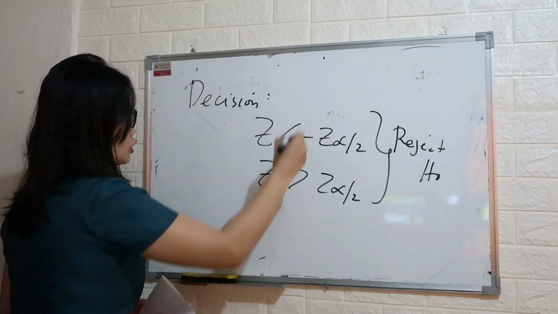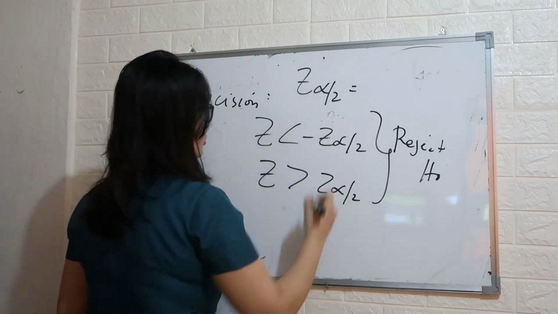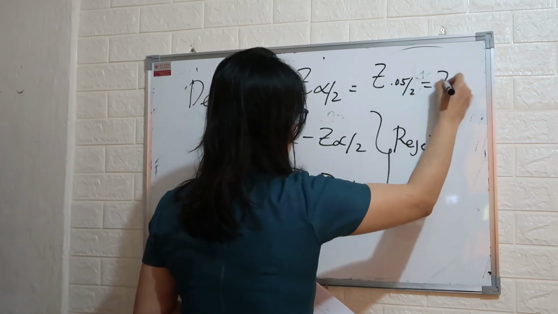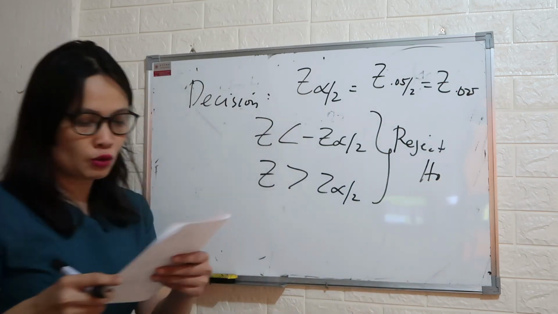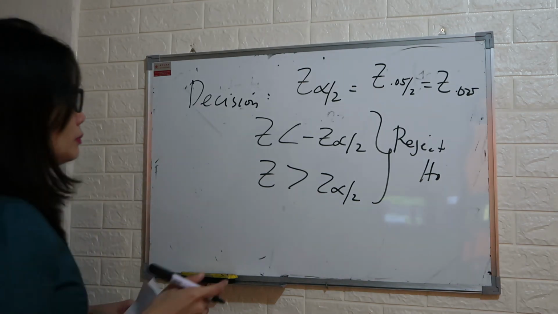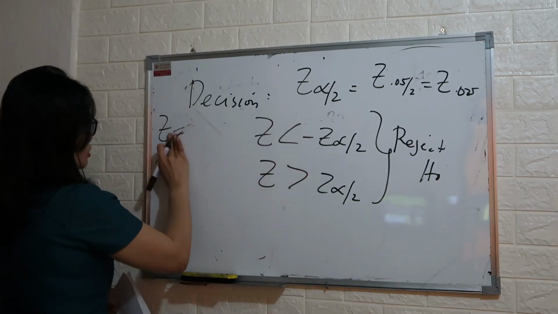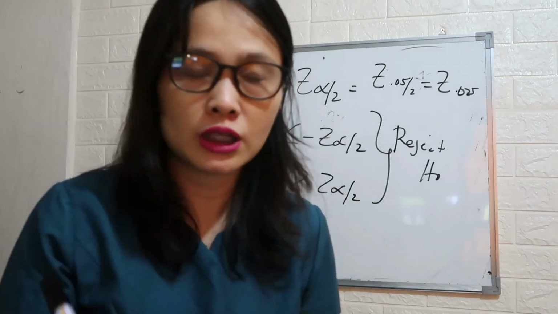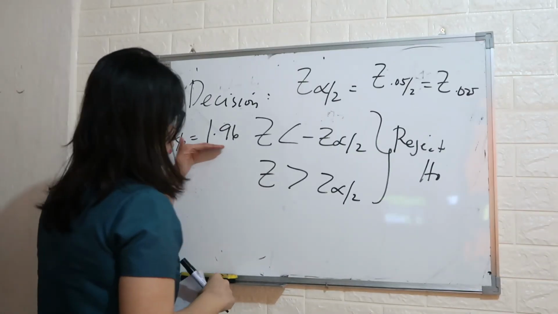But remember, your Z alpha over 2 will be Z 0.05 over 2, which is equal to Z 0.025. Therefore, your Z alpha over 2 will become 1.96 based on the table that you have.